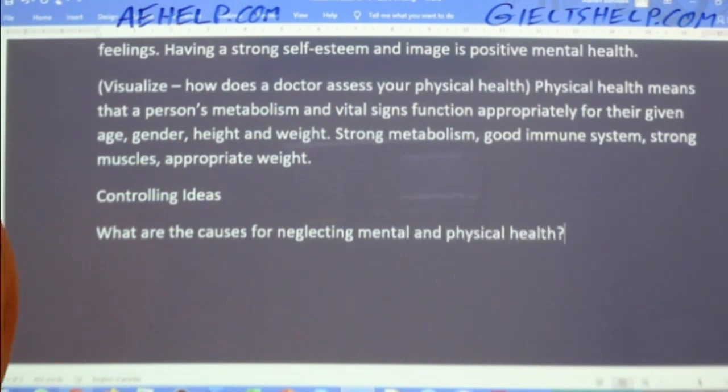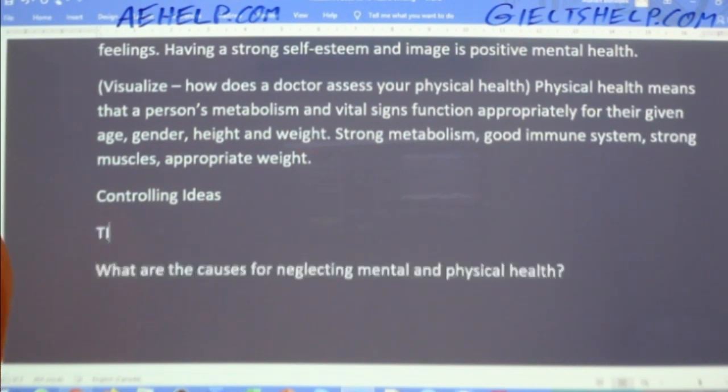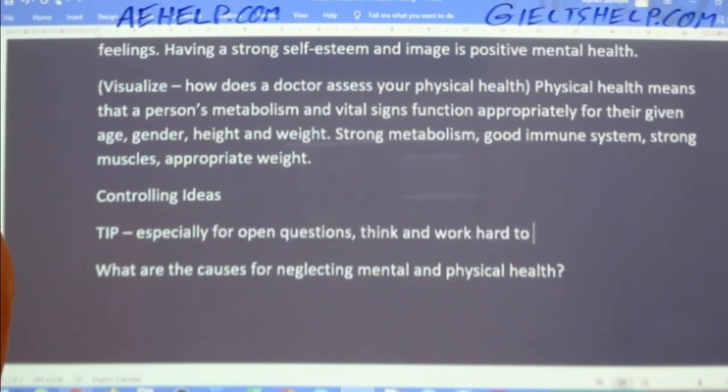Now, students, this is where you want to stop for a second, and here's my next tip. When you have an open question like this, especially for open questions, think and work hard to identify the top 3 reasons.